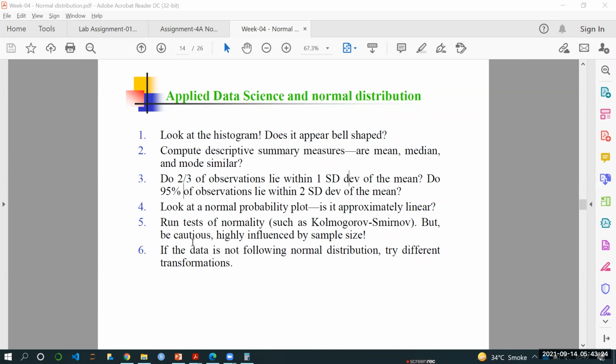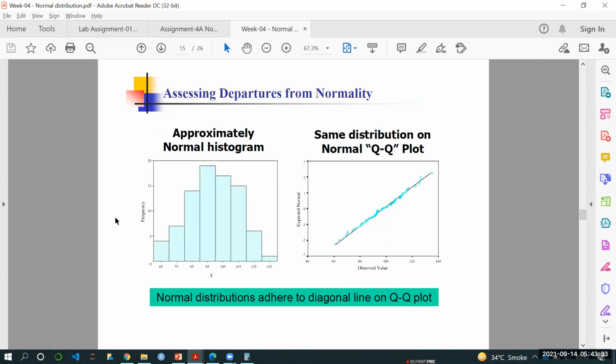So these are the properties that we usually check when we are doing data science projects. So this is an approximate normal distribution. You see that it is a bell-shaped curve. It's easy.